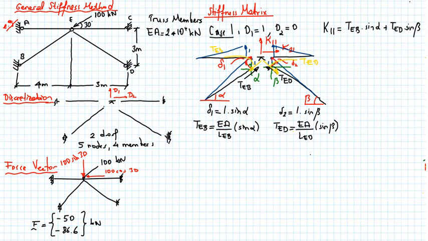So put these two into that equation. At the end of the day, what we get is as follows. I got EA over LEB multiplied by sine square alpha plus EA over LED multiplied by sine square beta.